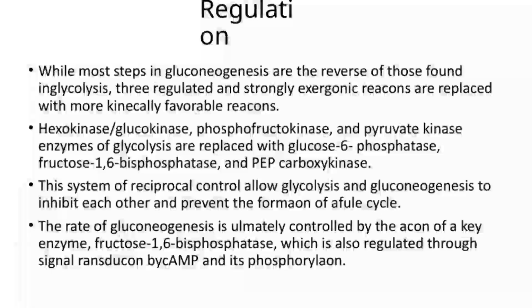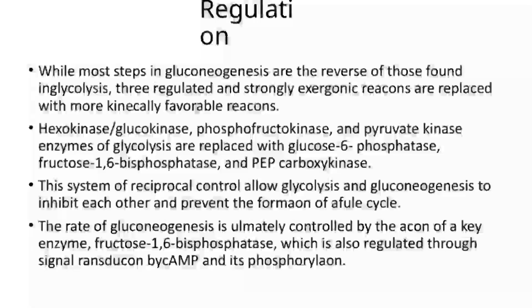This setup creates a reciprocal control system, which is crucial because it allows glycolysis and gluconeogenesis to inhibit each other, preventing what we call a futile cycle, where both pathways would waste energy by running simultaneously without productive output. Ultimately, the rate of gluconeogenesis is controlled by a key enzyme, fructose 1,6-bisphosphatase.